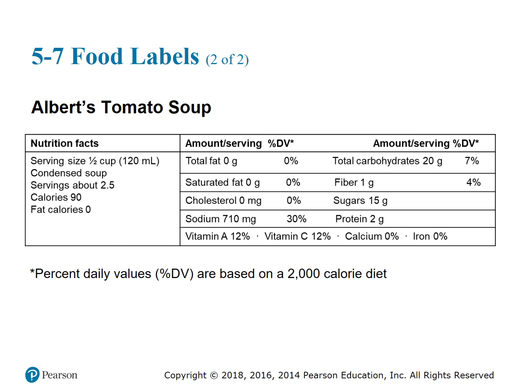It contains 710 milligrams of sodium. And then it also gives us our percentages of vitamin A, C, calcium, and iron. And then it gives a total number of carbohydrates. All right, so if we wanted to figure out how many carbohydrates would be in 2 servings or 2.5 servings, or how much sugar would be in half a serving, those kinds of things, we could definitely set this up as a proportion.